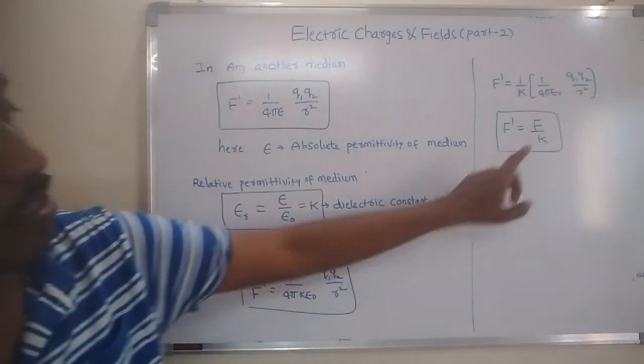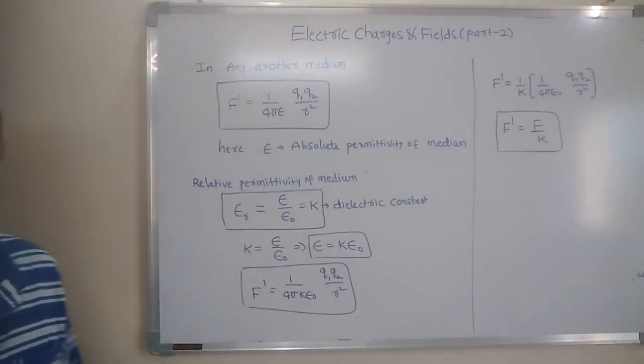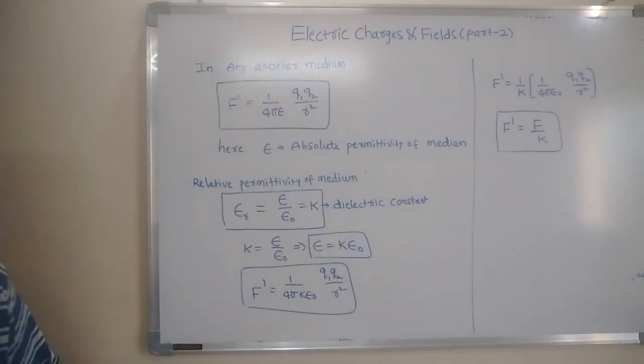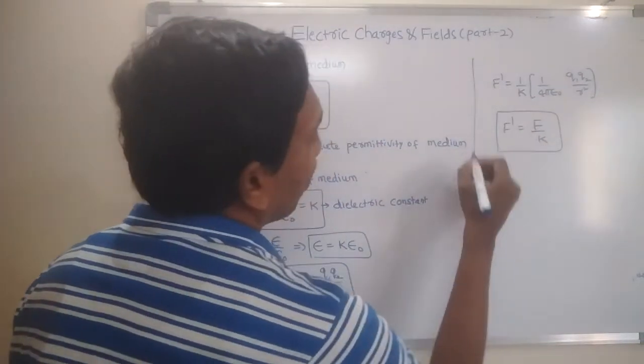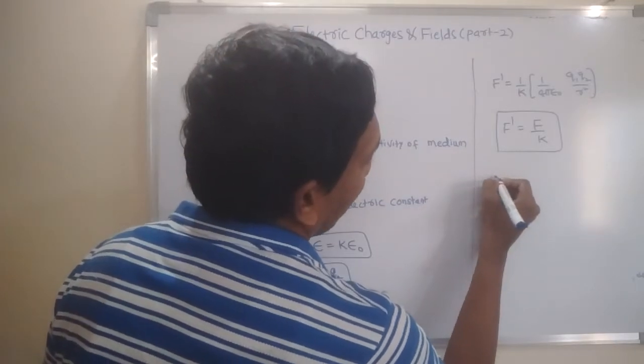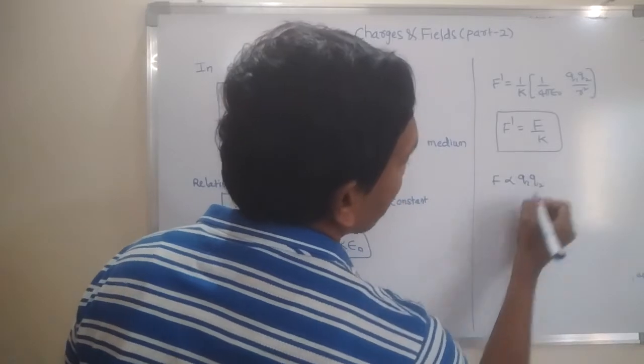So these all are the depending factors of electric force. If you know the dielectric constant, the magnitudes of the charges and the distance between the two charges, then the electric force between any two charges is possible to measure. That means from this expression, F is proportional to Q1 Q2. This is one relation.